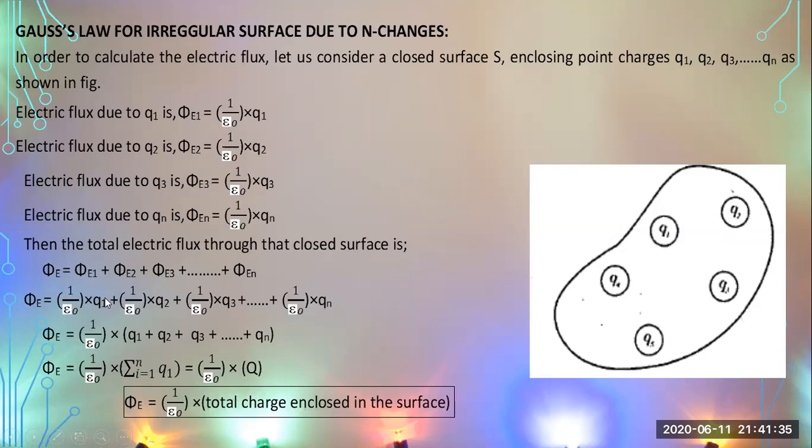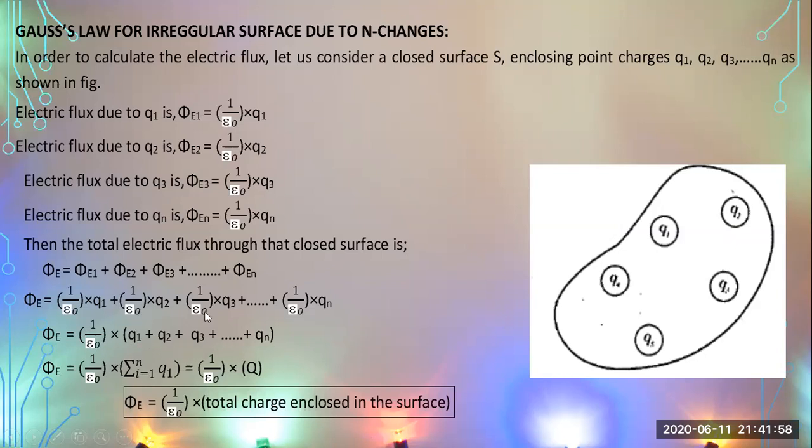And we have placed the values of electric flux, phi 1, phi 2, phi 3, up to nth. If you look at it, this is the electric flux through the whole irregular surface, equal to 1 over epsilon naught times (q1 plus q2 plus q3 up to qn).